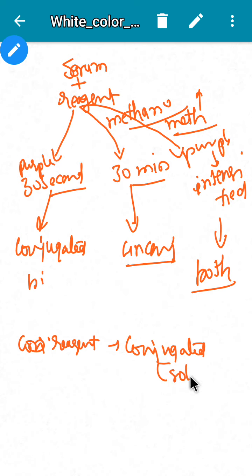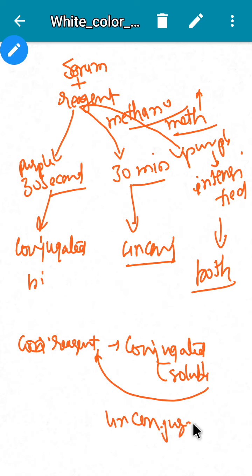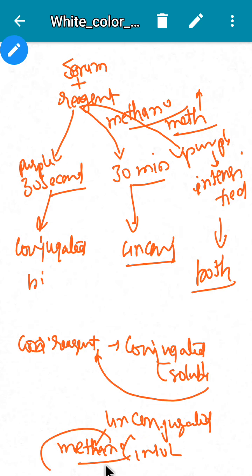Unconjugated bilirubin is insoluble. So we add methanol, which solubilizes the unconjugated bilirubin and makes it react with the reagent. Okay, this is how the test is done.